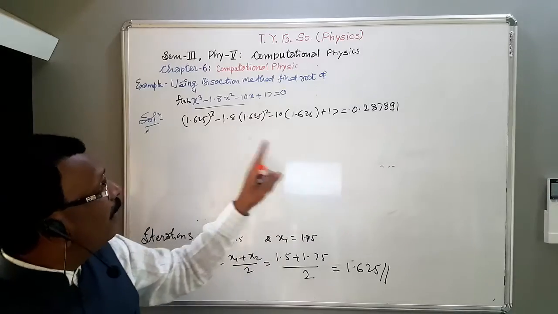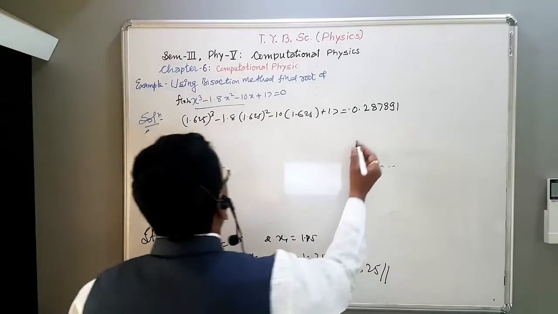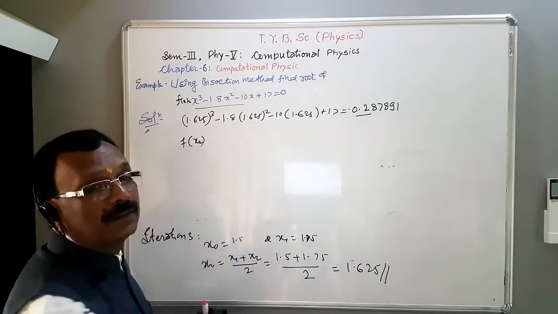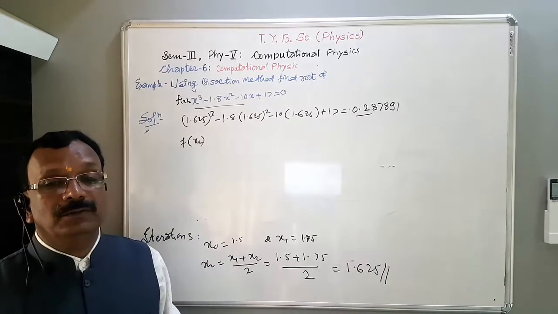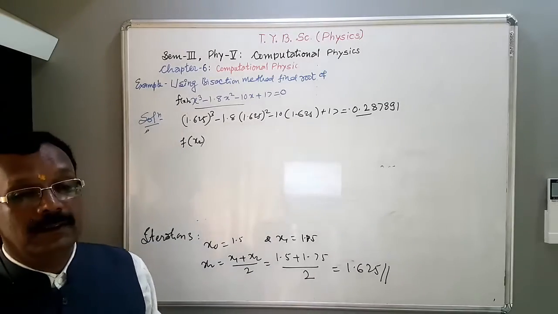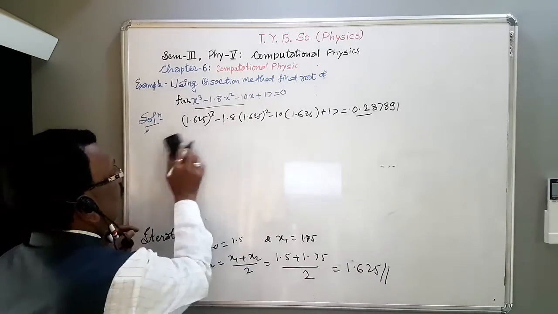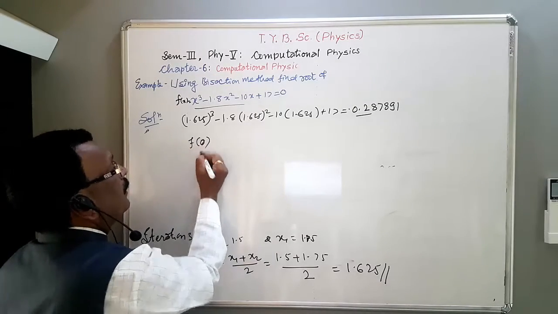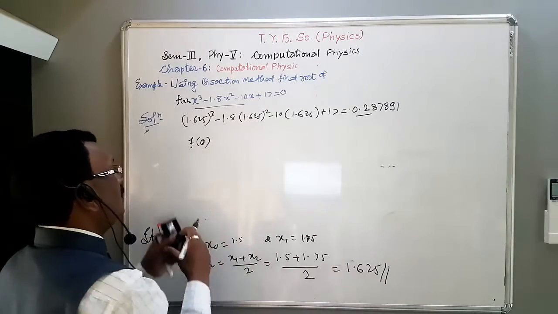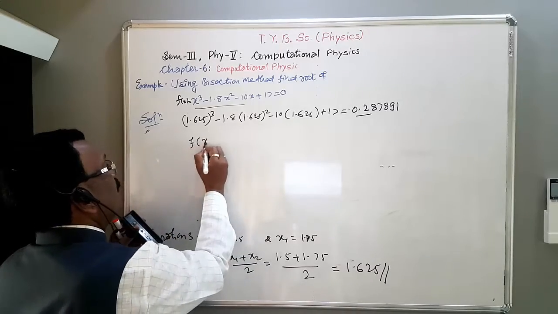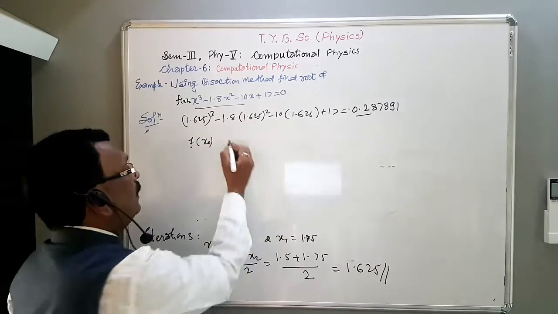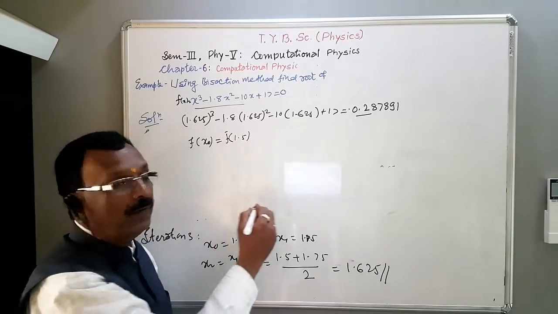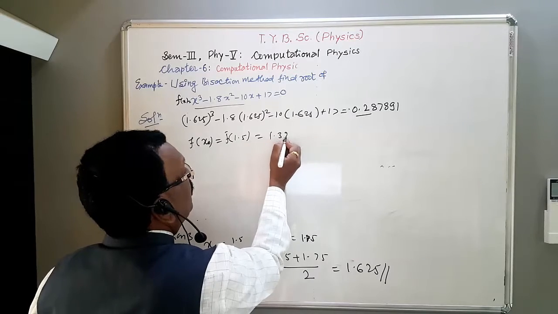Now again, this is the value of f of x2. Before that, we know f of x0. What is the value of f of 1.5? When you substitute the value, we will get 1.325.